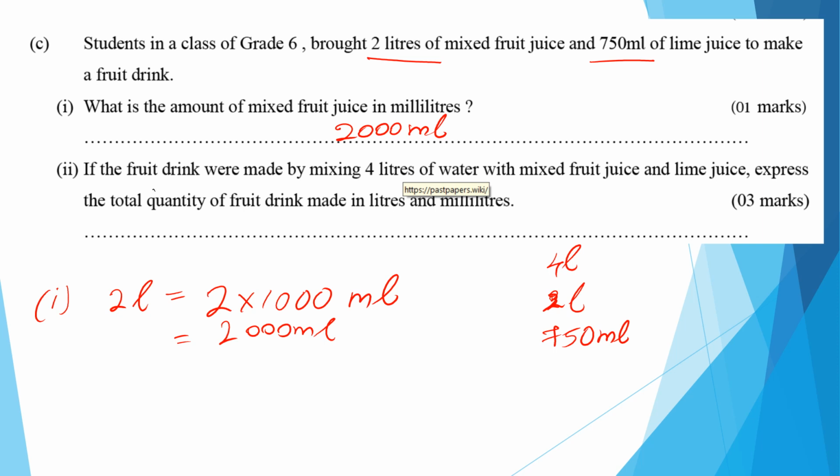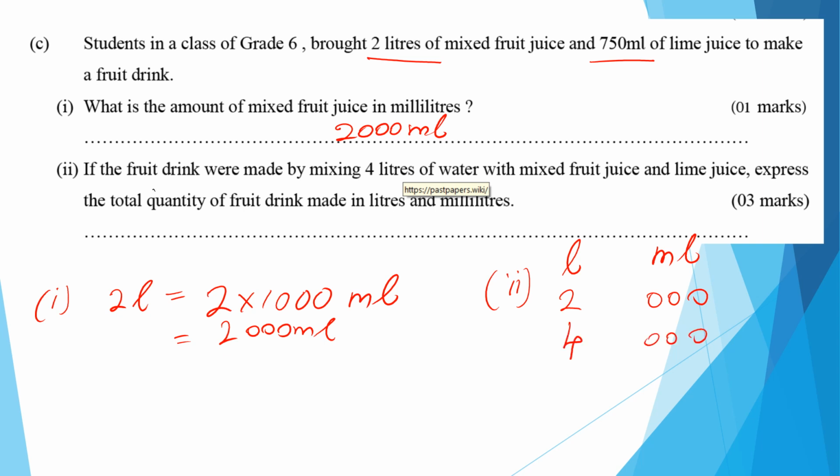So I think this is very easy to do. Let's add all these things together, and we can find the answer. For the second one, we say liters, milliliters. I think this approach is always good. Then you can take 2 and 0 0 0, this is the amount of mixed fruit juice, and you get 4 0 0 0.